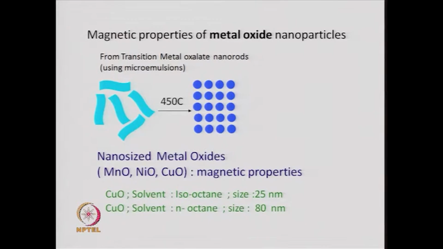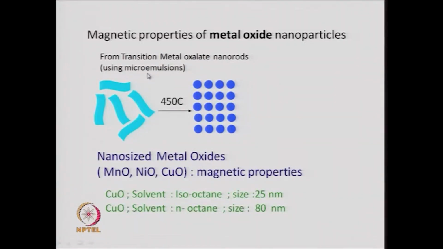Microemulsions we have discussed earlier, and this is a methodology by which many types of nanomaterials can be made and their size and shape can be controlled. In this case we are talking of metal oxalate nanostructures having anisotropic structures like rods.